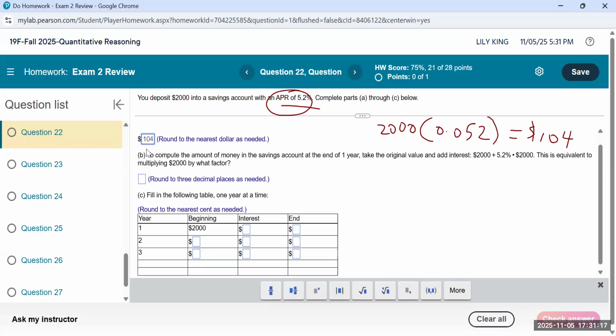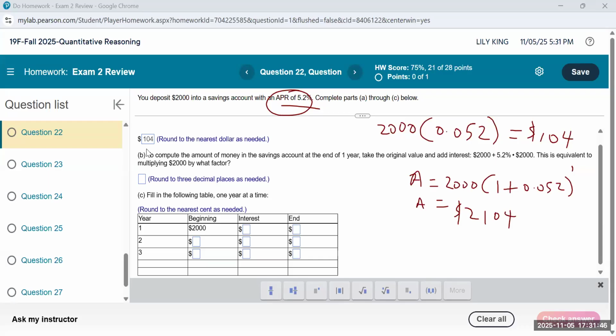Now, an alternative approach is you can find the amount, which is 2,000 plus 0.052 exponent 1. This gives you an amount, and then you can subtract. You get $2,104.